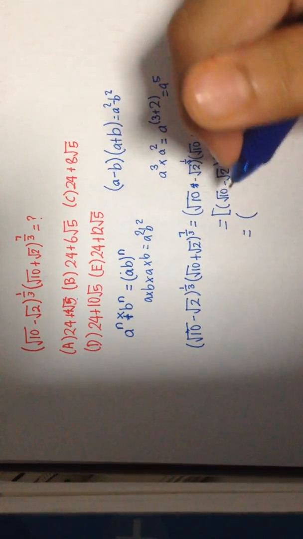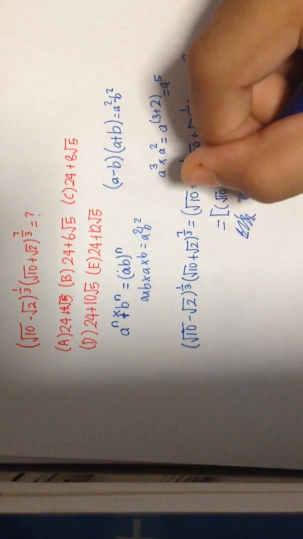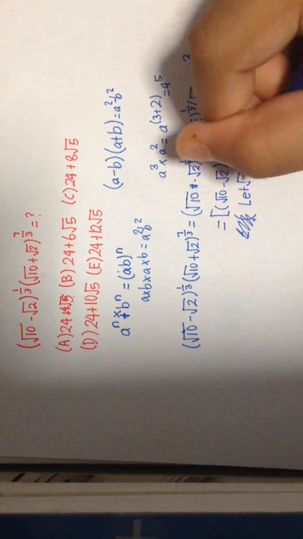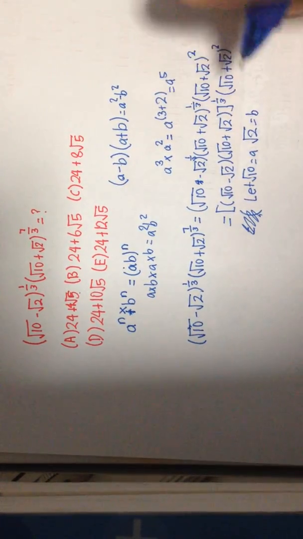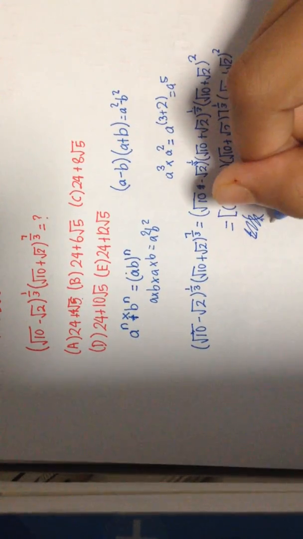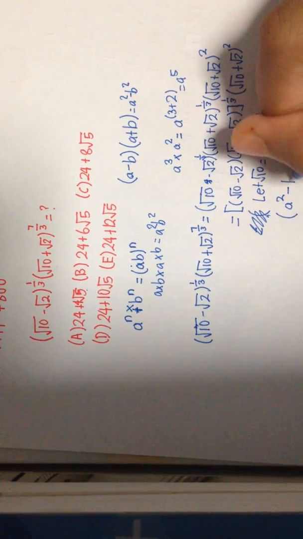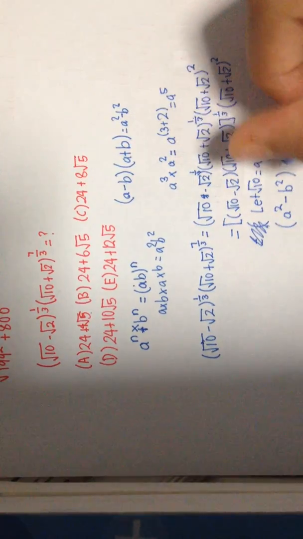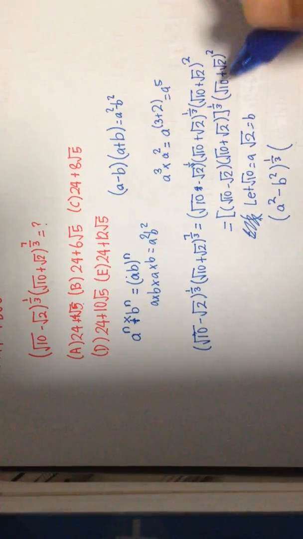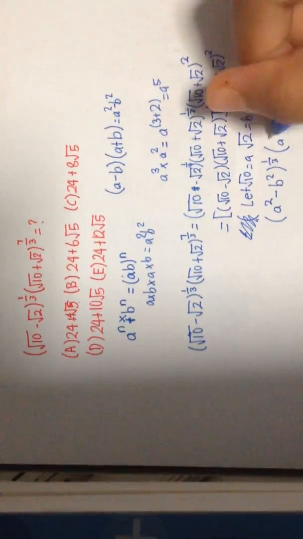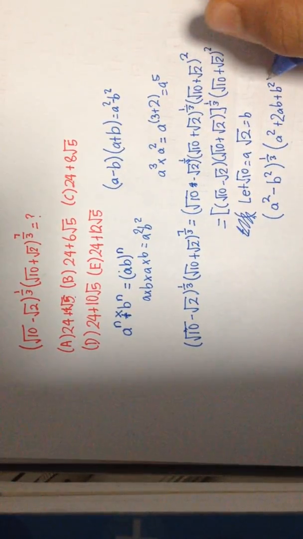Okay, before we continue ahead, let root 10 equal a and root 2 equal b. That way it'll make my life easier. So if I replace it, I can already have a square minus b square, to the power of 1/3, multiplied by, if I expand this, a square plus 2ab plus b square.